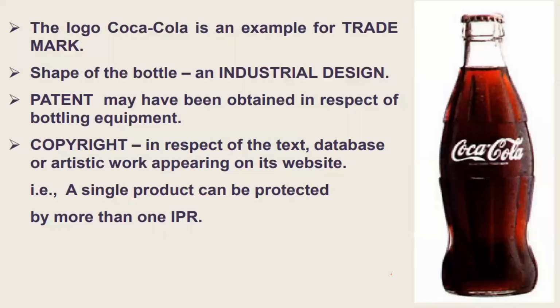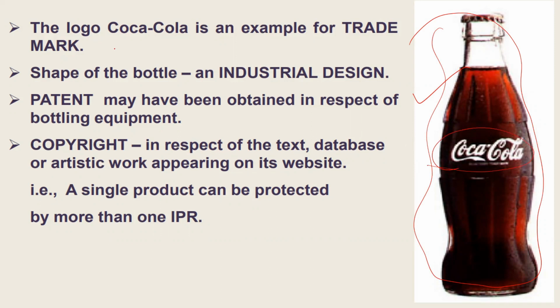What is the major thing? Suppose you see a Coca-Cola, which everyone drinks when you go for lunch or dinner. In this Coca-Cola bottle, we have different types of IPR. The Coca-Cola logo is an example of a trademark. The shape of the bottle comes under industrial design.